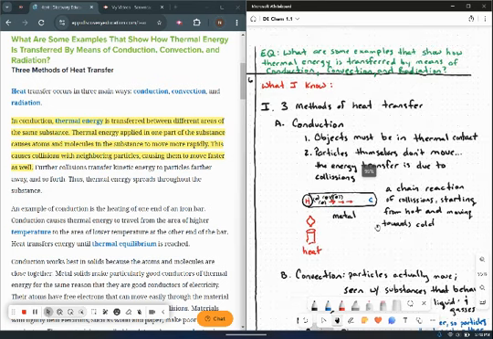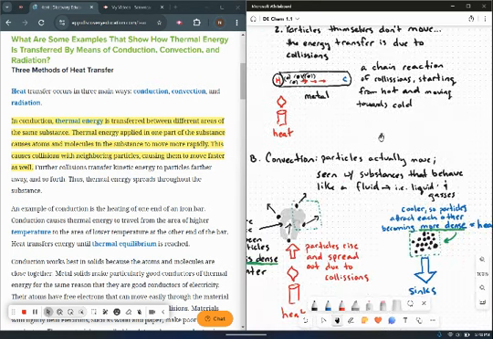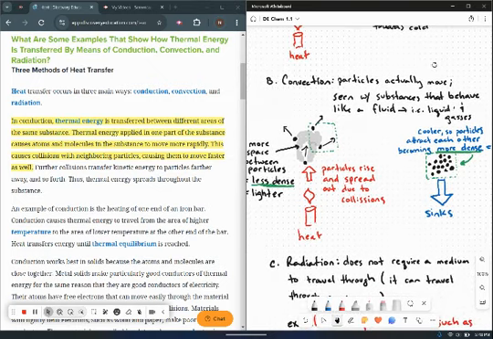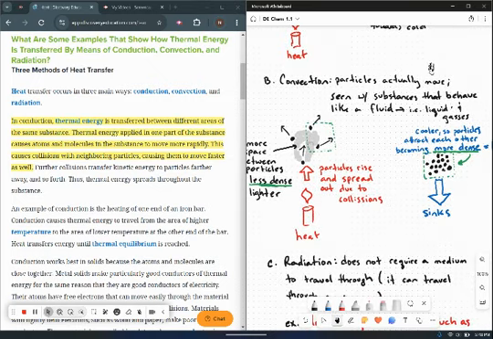All right, the next example we have here is convection. In convection, particles actually do move. This is seen with substances that behave like a fluid. They have fluid characteristics. Of course, liquids, anything in a liquid state, behaves like a fluid.